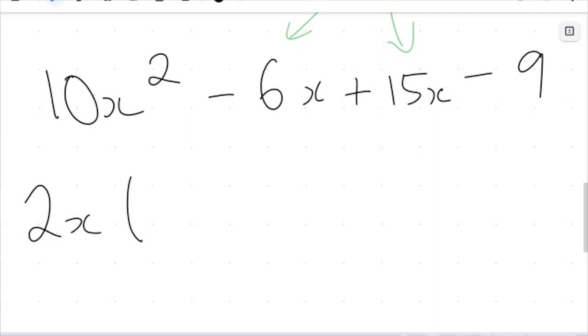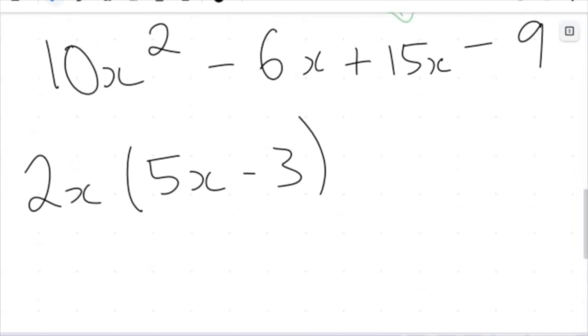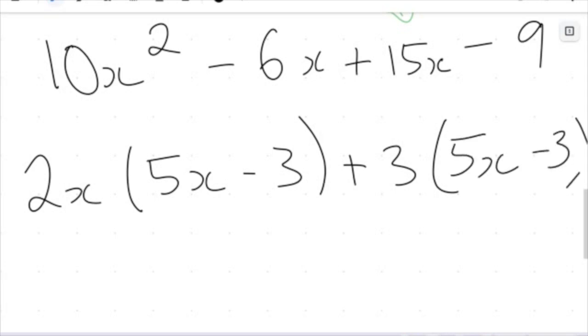And I'm going to take 5x here minus 3. I factorize my first pair. And now in my second pair, I have another case where I have a common factor to both of these terms. So I'm going to go 3 here outside of, and I'm going to get 5x and minus 3.